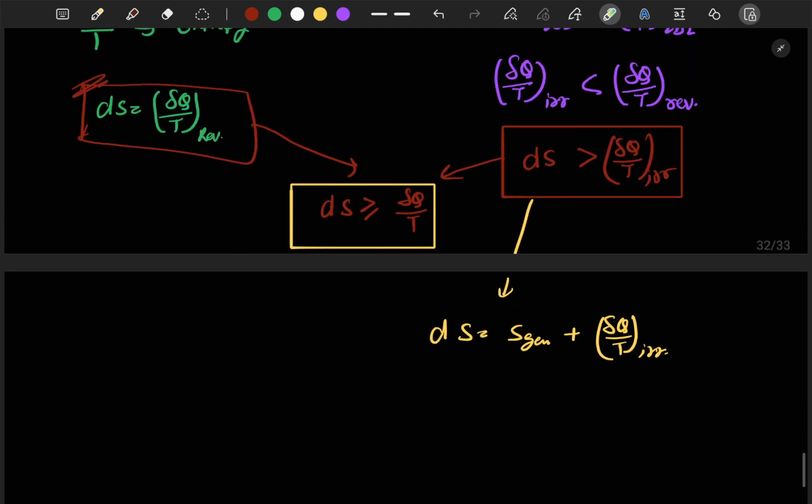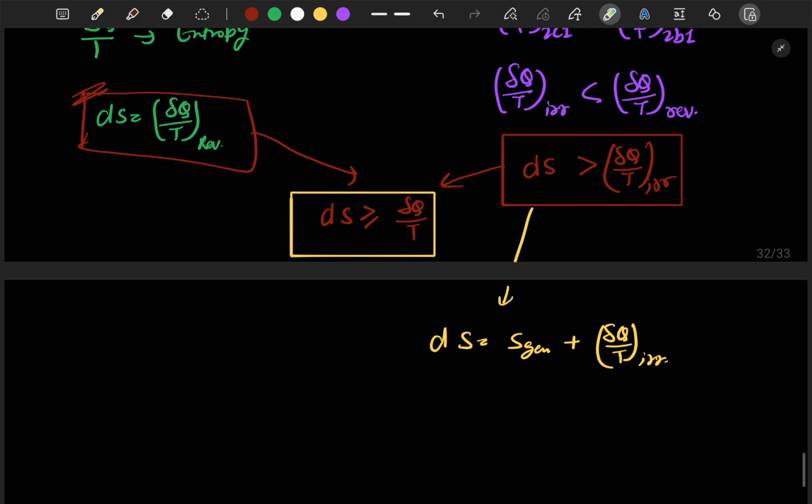As I have already told you, entropy is a property, but entropy generation is not a property. So this ds is a property, this S generation is not a property. And what does this entropy generation represent?